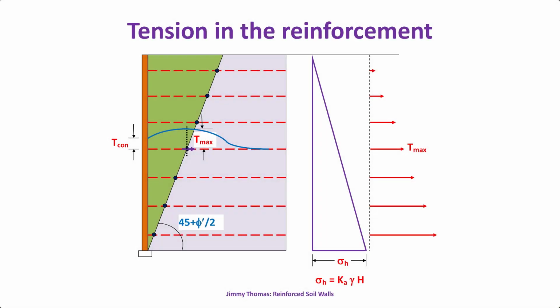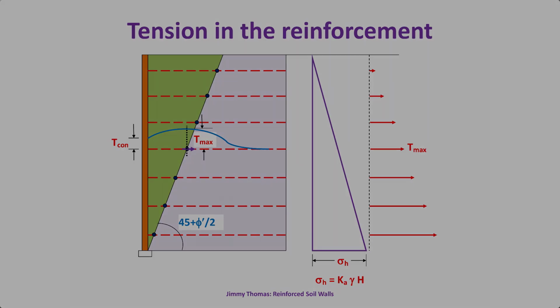To understand this, I have plotted how the tension varies along the reinforcement. It's not constant along its length. Where the critical failure plane intersects, the maximum tension develops. Then to this side, it reduces. Again, to this side, it reduces.